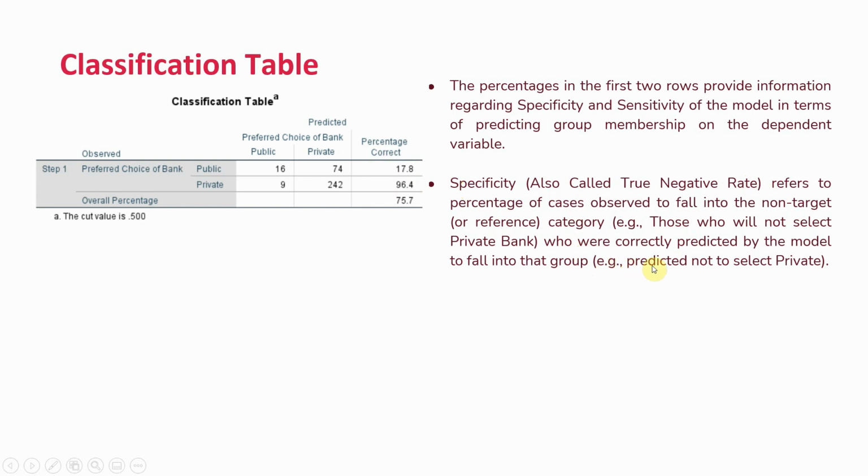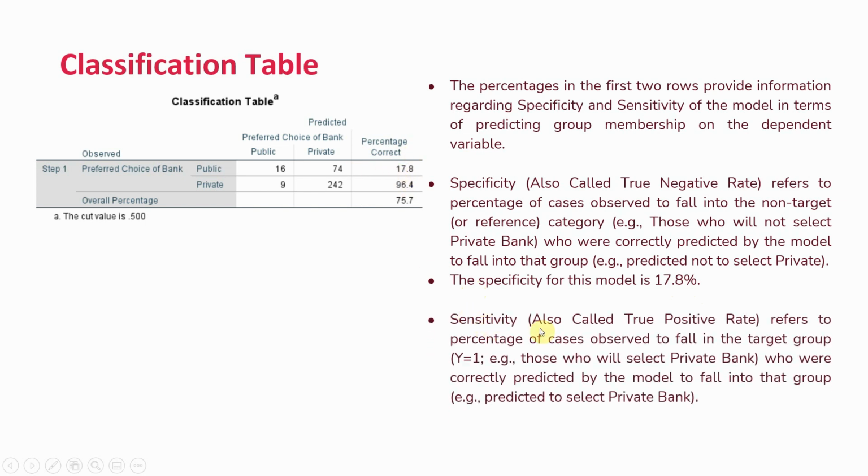That is, they were predicted not to select private. We wanted to find out those respondents who would prefer a private sector bank. So in this case, this percentage is quite low, just 17.8. So we have correctly predicted that this is the percentage of people who will not choose the private sector bank.